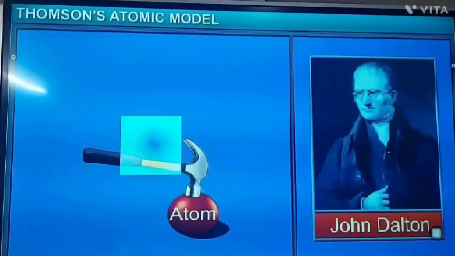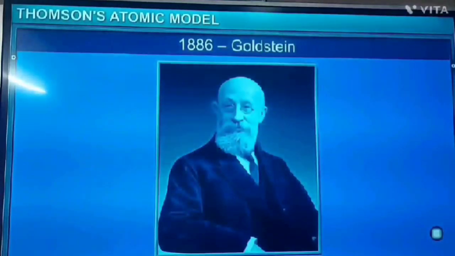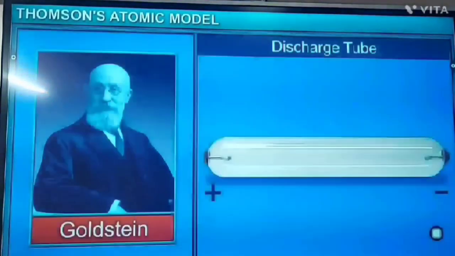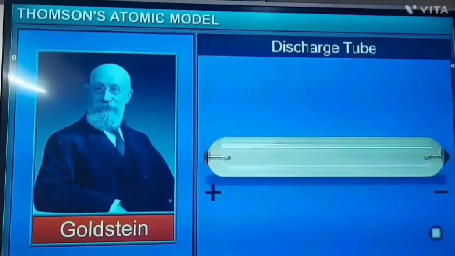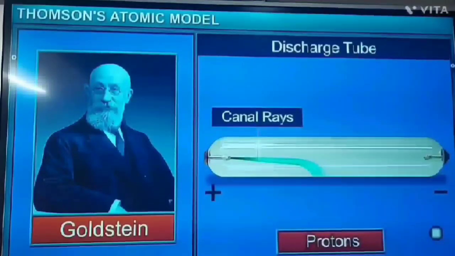Dalton's atomic theory stated that an atom was indivisible and indestructible. However, in 1886, Goldstein came upon positively charged radiations in a gas discharge, which he termed as gamma rays. These radiations led to the discovery of the proton.